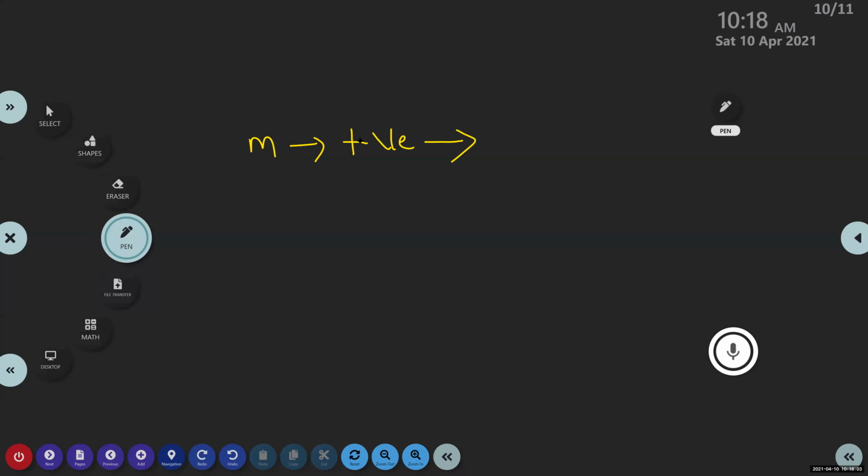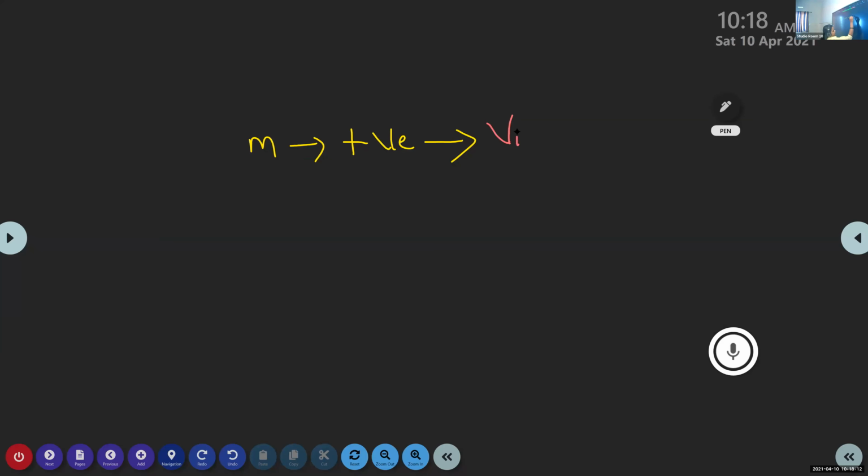Is it real and inverted or virtual and erect? Virtual and erect. Very good. It is virtual and erect. The same case here also. If the M is positive, then the image formed by the lens is virtual and erect.